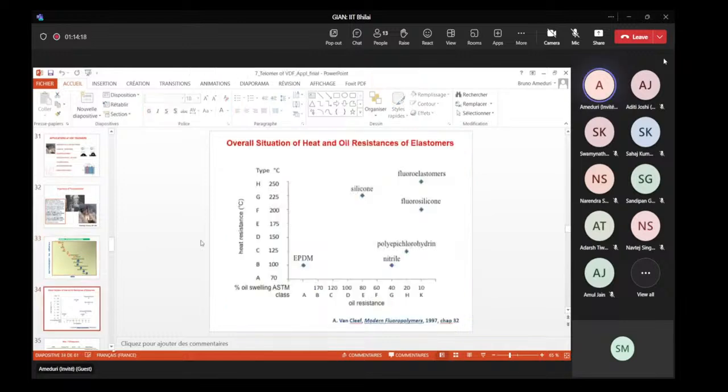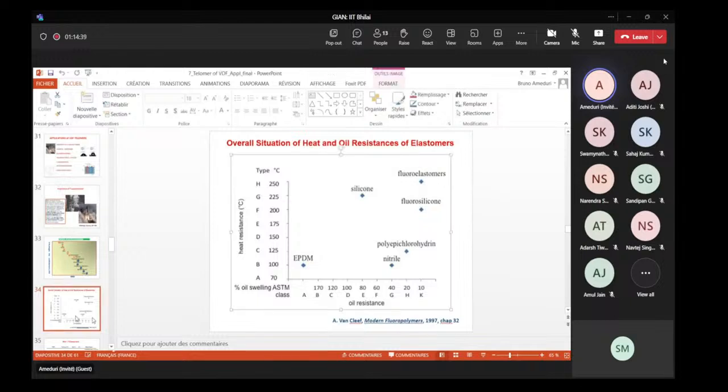So another requirement is, of course, heat resistance and solvent resistance. And the best candidates are in the top right, the fluoroelastomers, where Albert Van Cleef was working for DuPont and published a very nice article, more than 30 years ago, but very interesting.